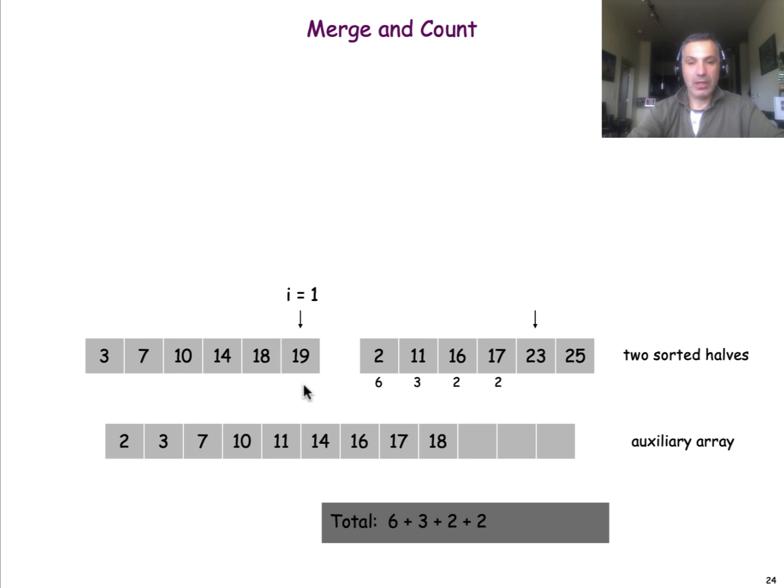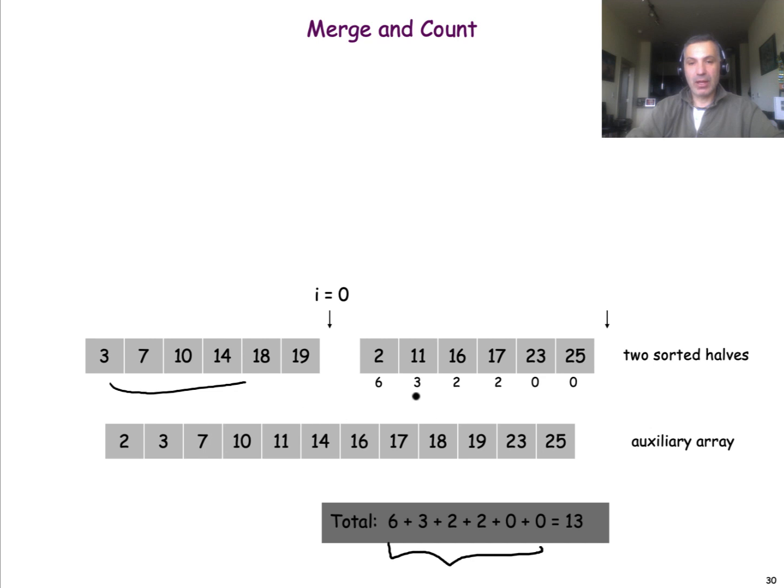And as you see in the rest of the execution, there are no more inversions. So at the end of this process, we have found that there were 13 inversions between the elements of this array and this array. And in the process of creating this output array, notice that we have actually sorted the two arrays.